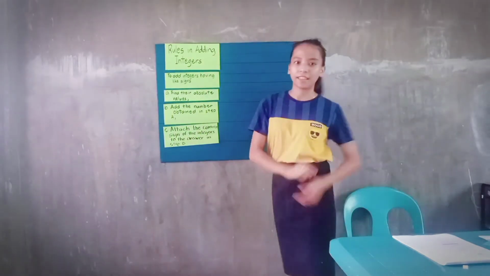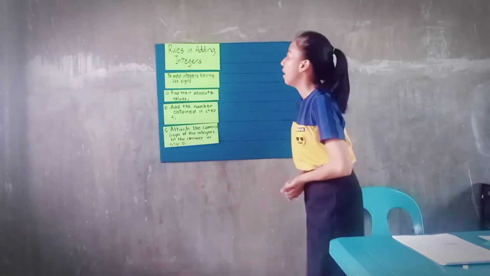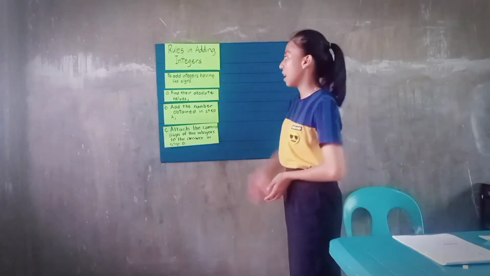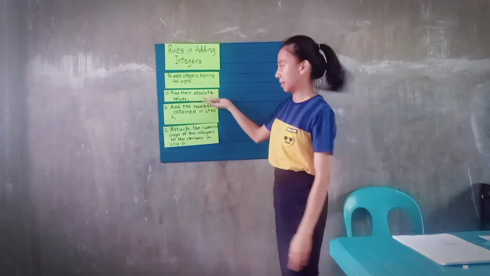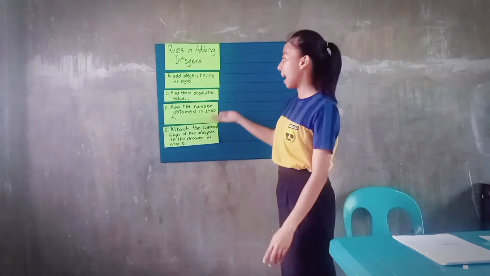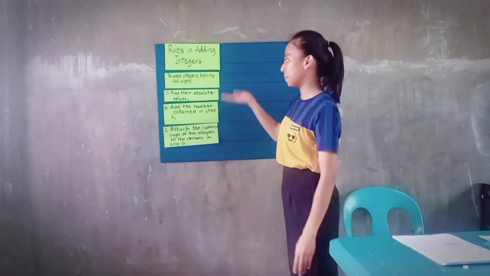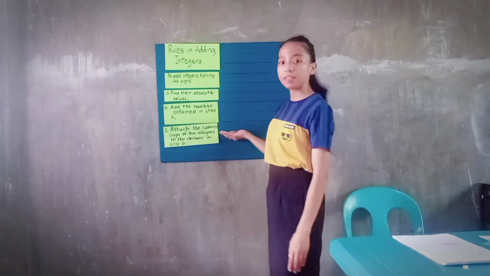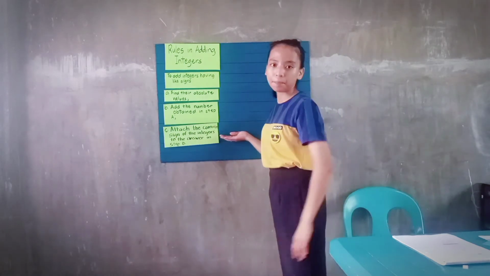Okay, thank you. To add integers having like signs, find their absolute values first. Then second, add the numbers obtained in step A. Third, attach the common sign of the integers to the answer in step B.